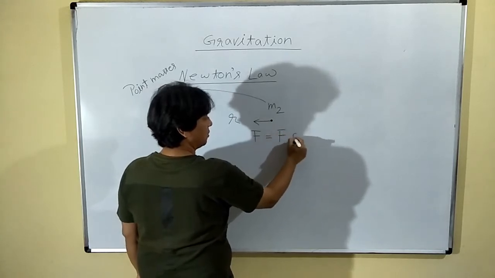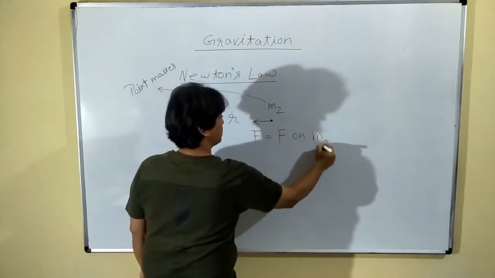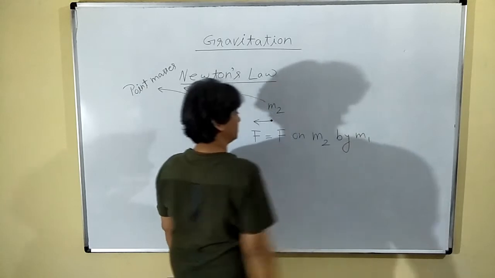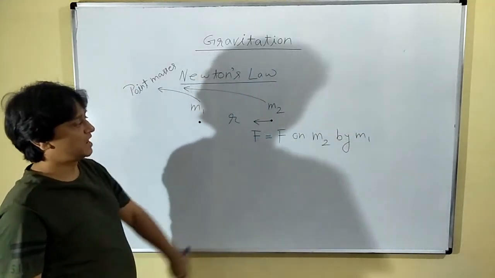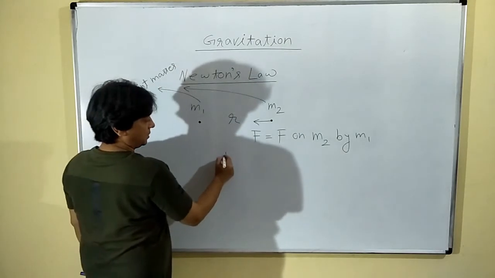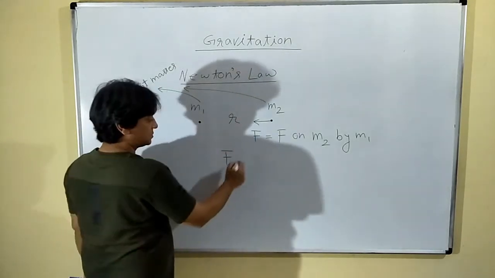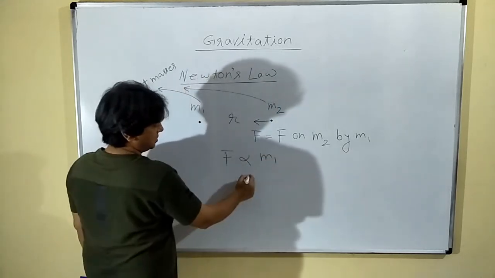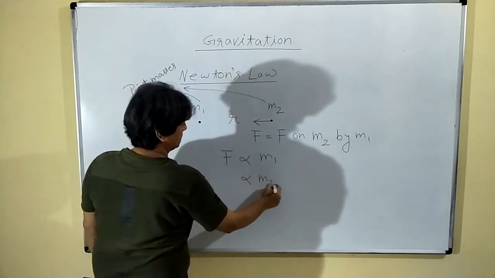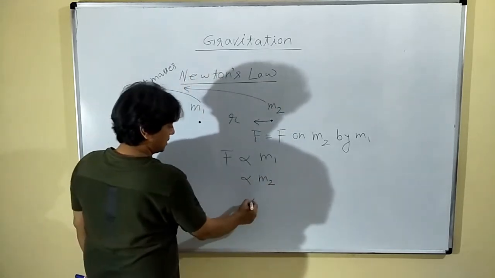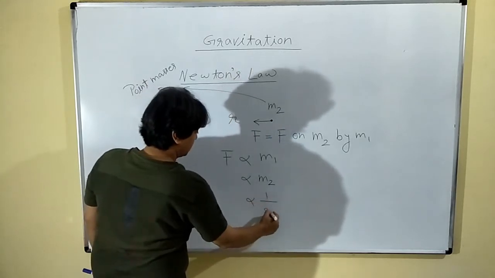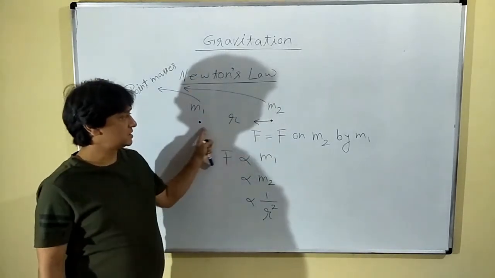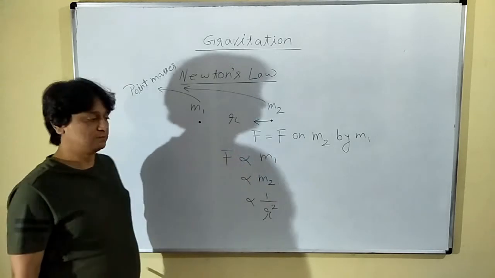Force on m2 by m1. According to Newton, this force is proportional to m1, is proportional to m2, and at the same time is inversely proportional to the square of the distance between m1 and m2.